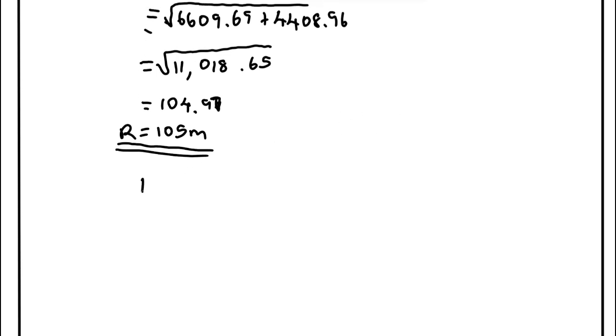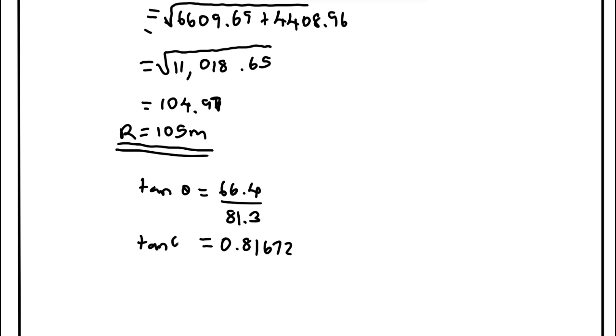So tan theta, our Ry was 66.4, Rx was 81.3, which gives 0.81672. To get theta, we say theta is equal to tan inverse of 0.81672.